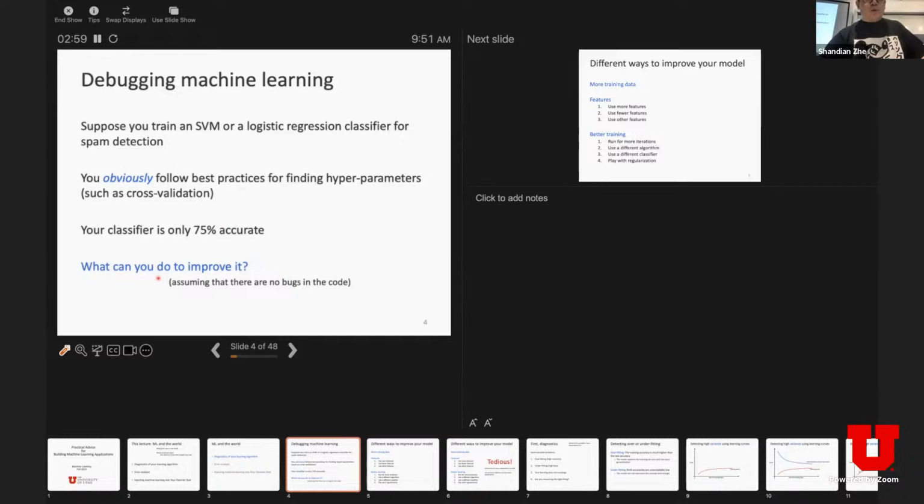Now the question is, what can you do to improve it? Here we're assuming that there are no bugs in your code. We're not talking about code bugs; that is a software engineering problem, not a machine learning problem.